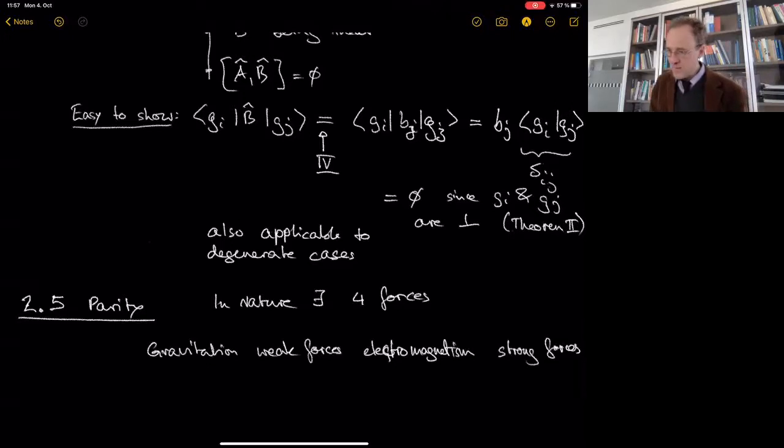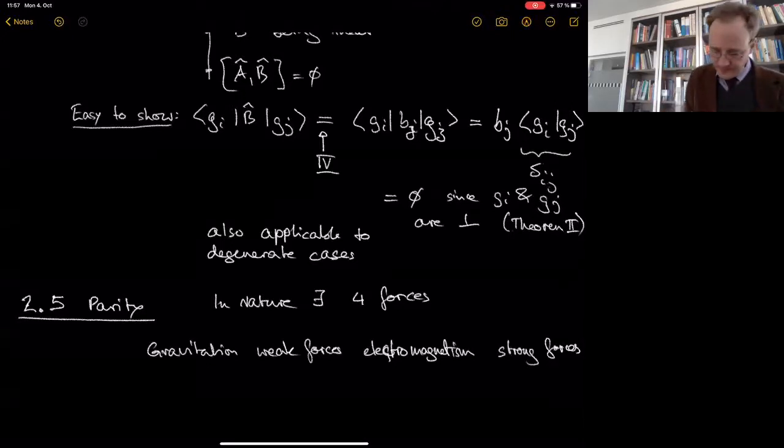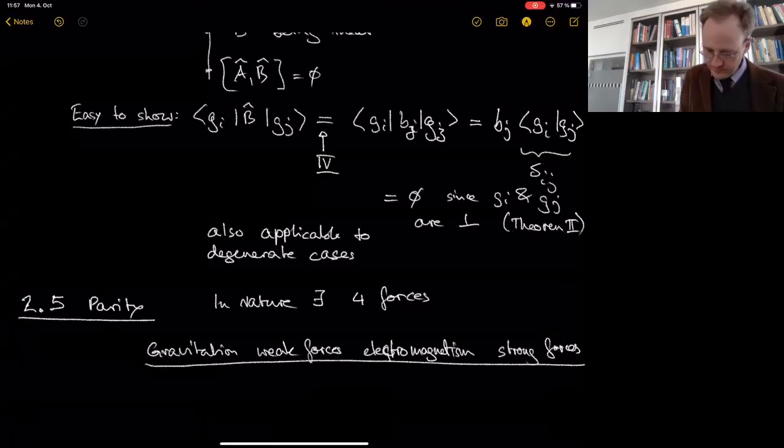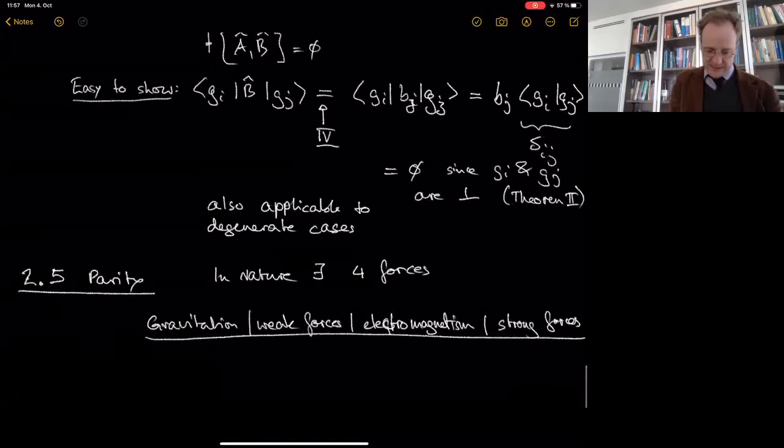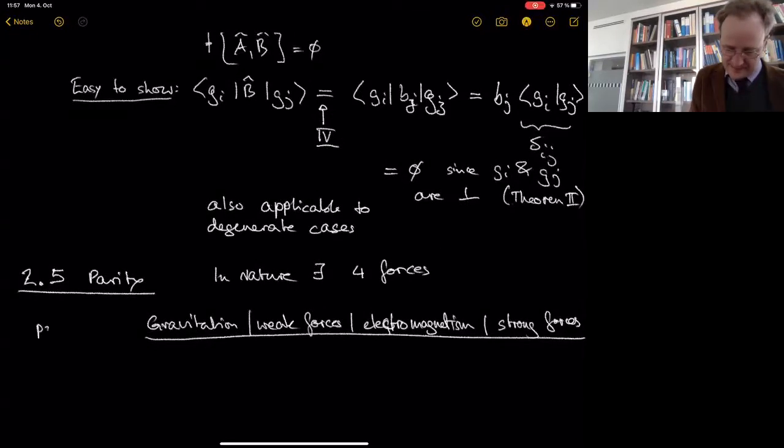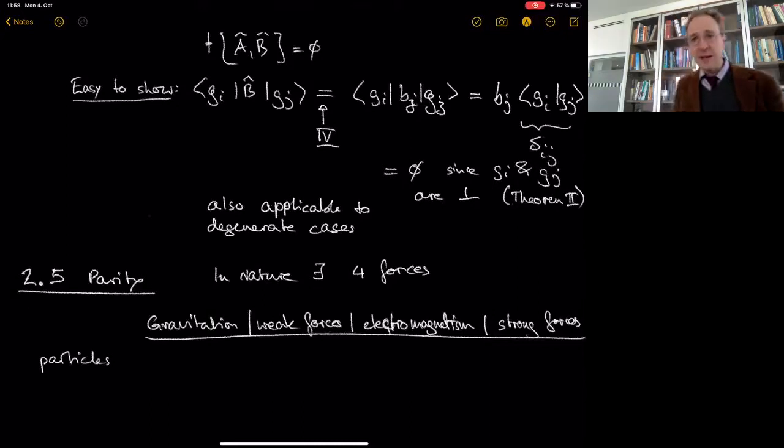Now, let me give you some examples. What are the particles that experience these forces?